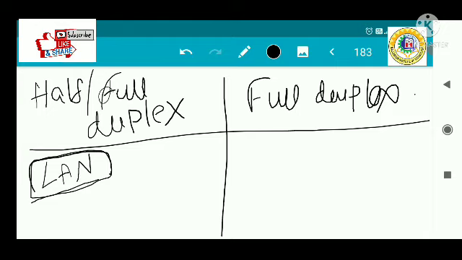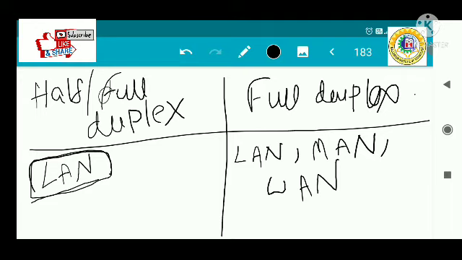In the case of the router, there are LAN, MAN, and WAN, and a router can be used to connect all these networks.